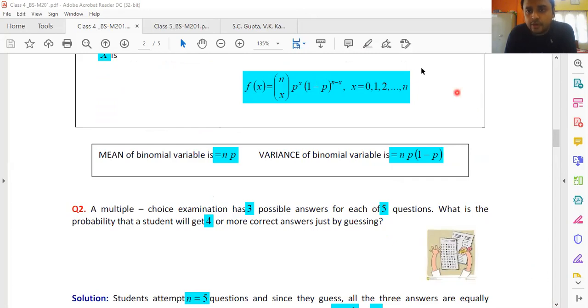Okay, I am going to show you a very small board work at this stage. Why am I saying that the formula is so important? I'm going to talk about that.